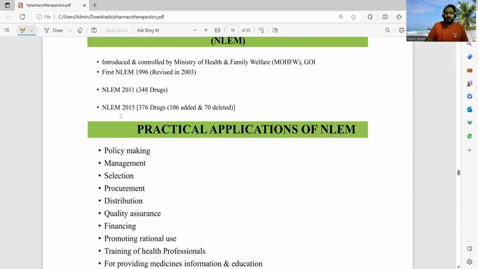In 2015, 106 were added and 70 drugs deleted. So ultimately the drugs included are 376 drugs in the NLEM of 2015.